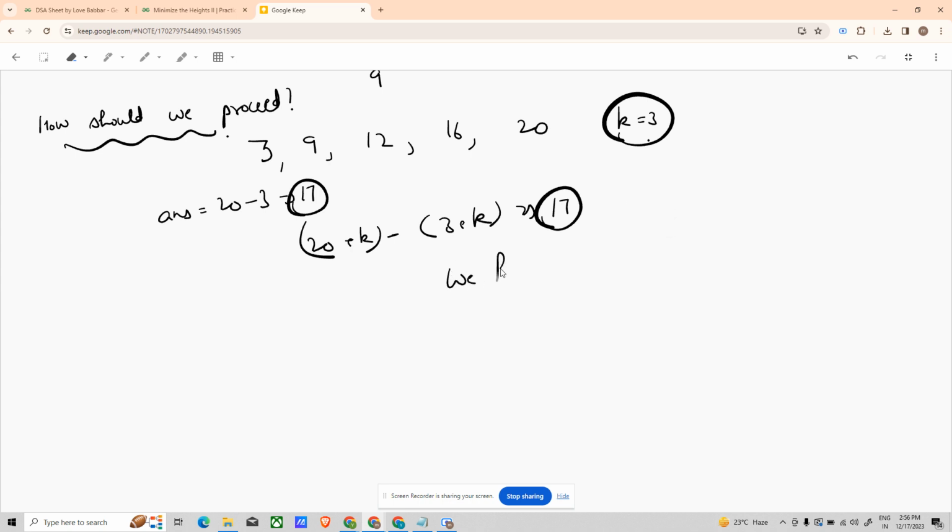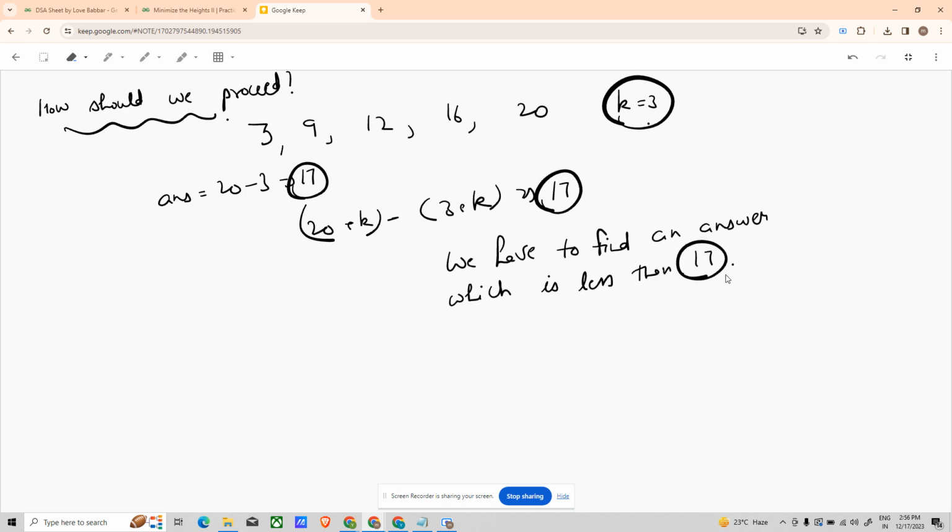We have to find an answer which is less than 17. So how should we proceed for that?